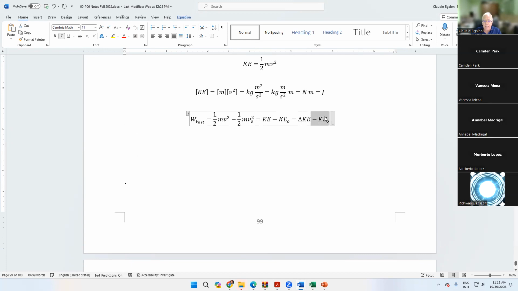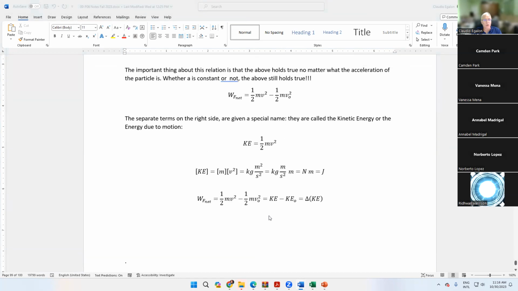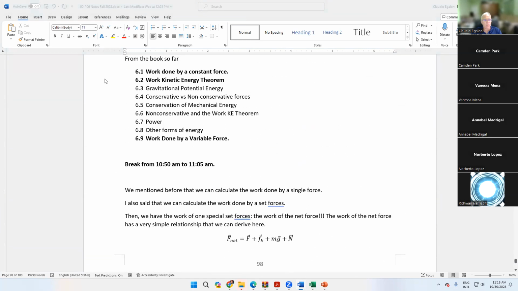It's better to put it in parentheses, so it's very clear that the delta is applied to the difference of the kinetic energy. That is what section 6.2 is all about. We can use these relations to solve many problems out there.